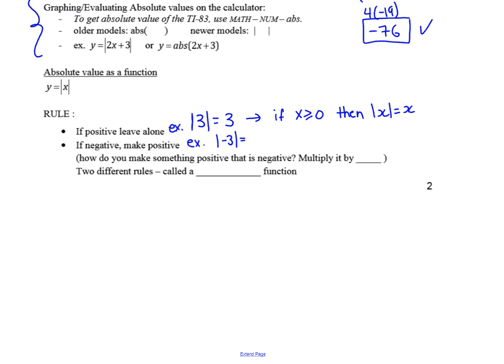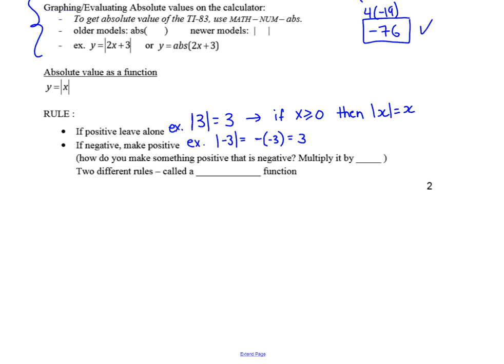Okay, so let's think about an operation I can do to negative 3 to make it a positive number. What could I do to the negative 3, just negative 3 itself, the number, to make it a positive number? Multiply by negative 1. We're going to multiply by negative 1. Okay? And would you agree that negative 3 times negative 1 is positive 3?